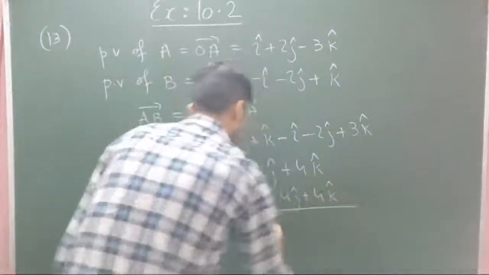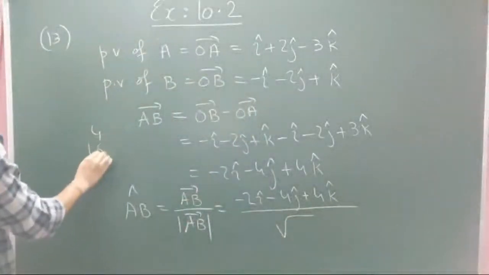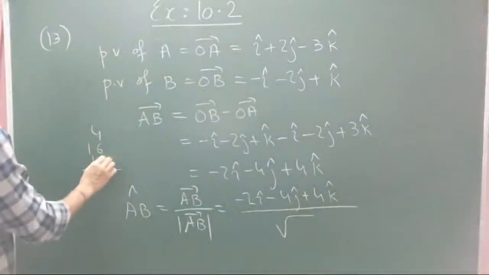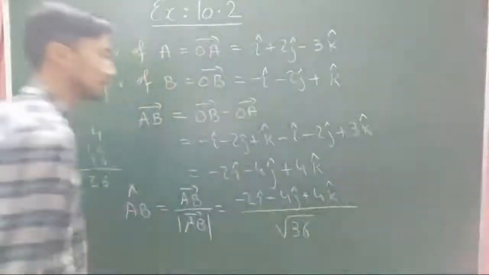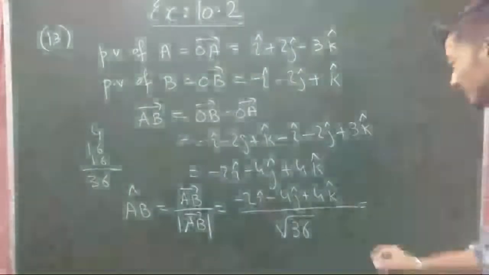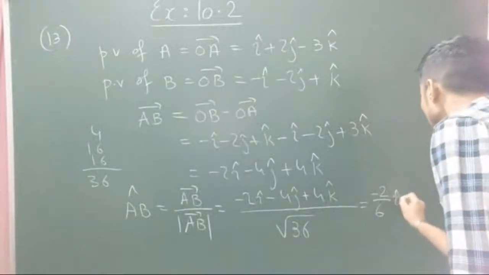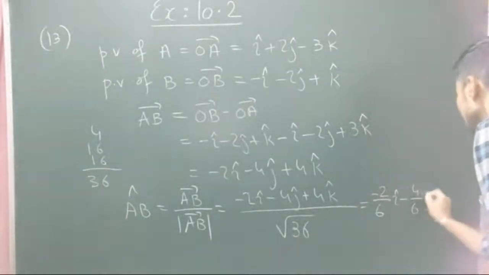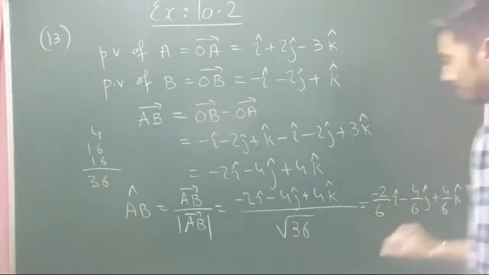Let's do it directly now. This will be root over 2 square, that is 4, 4 square 16, 4 square 16, 32, 36, that will be root over 36. So that would be minus 2 by 6i minus 4 by 6j plus 4 by 6k.